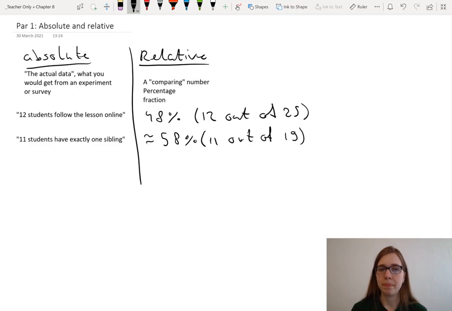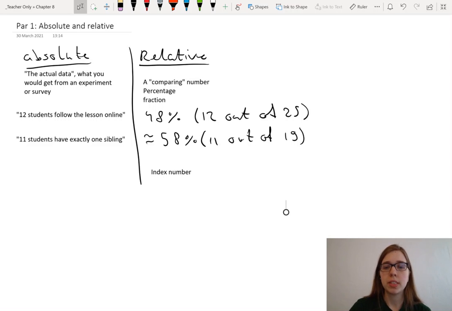A special type of relative number is what is called the index number. And for those that are going to continue with economics, that is where you will find index numbers fairly often. What this type of number is, it is comparing something to a base year, or maybe sometimes to a base month.